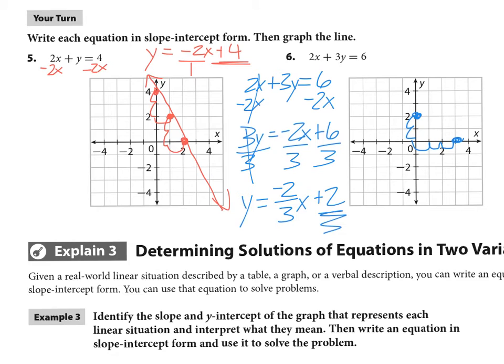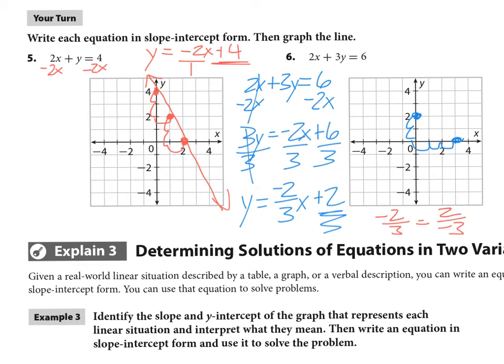Now, here's the problem. If I did that again, what's going to happen? I'm going to go off the graph. So what can I do? This is where we talked about, instead of just thinking of it as negative 2/3, you could also think of it as 2 over negative 3. Now, why is that important? Because I could go back up here to my starting point.